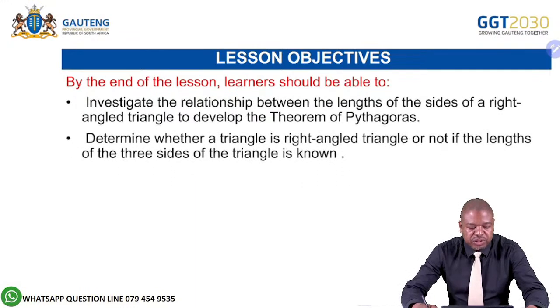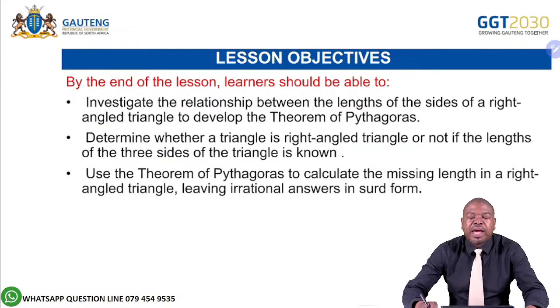We also expect you to determine whether a triangle is a right-angled triangle or not if the length of the three sides of the triangle is known. And lastly, we expect you to be able to use the theorem of Pythagoras to calculate the missing length in a right-angled triangle, leaving irrational answers in surd form.